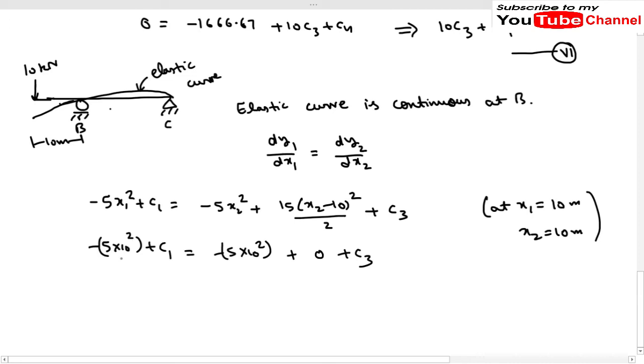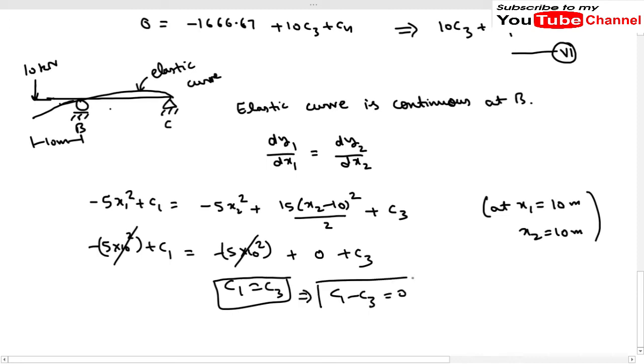Okay, so these two terms will also be cancelled out, so we will get c1 is equal to c3. Okay, now we have got another equation, c1 minus c3 is equal to 0. Okay, you can also write in this fashion, c1 minus c3 is equal to 0.